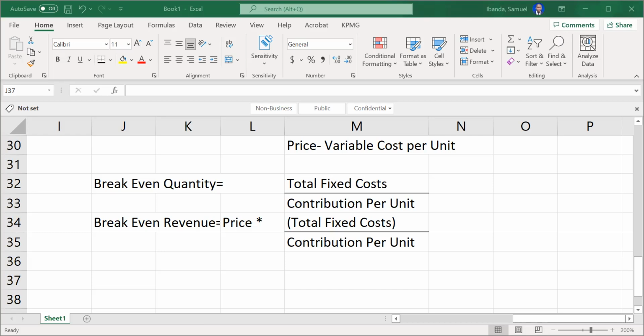Okay, I basically say that contribution is basically trying to look at the difference between the price and your variable costs. In terms of definition, contribution represents the portion of sales revenue that is not consumed by variable costs.